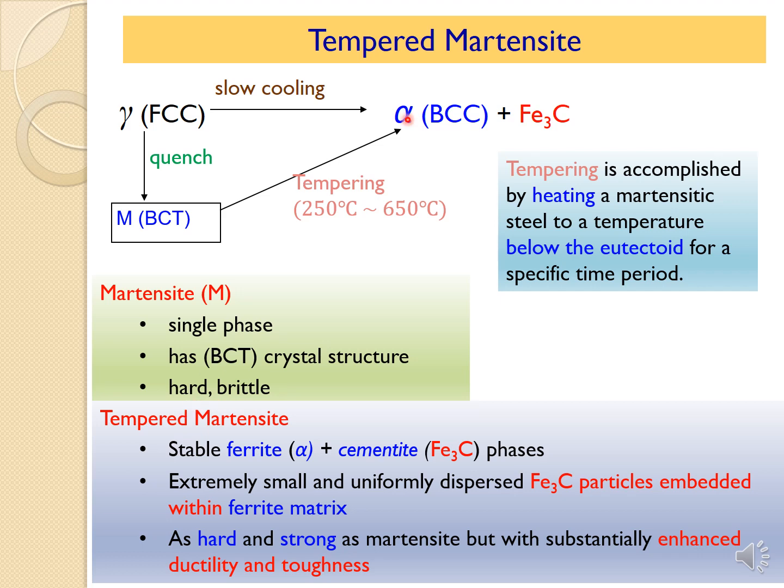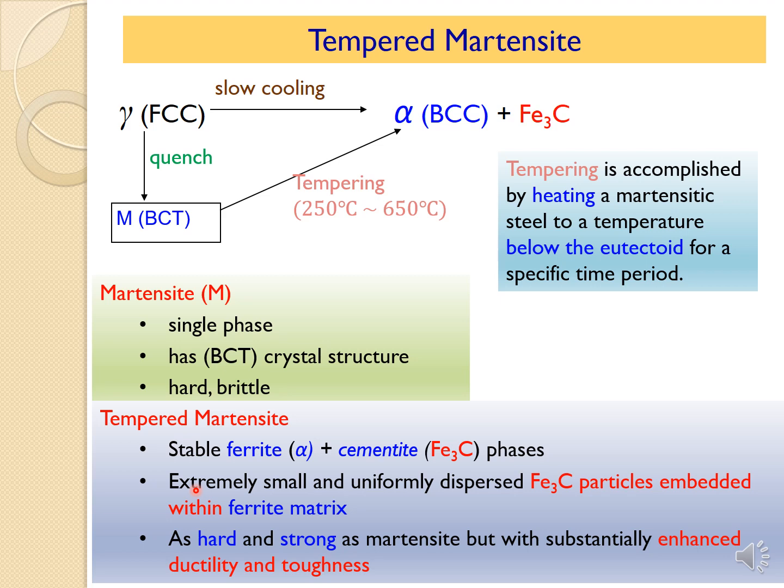So the tempered martensite, again, from this reaction, we can see it has stable ferrite, which is the alpha iron, and cementite phases, two phases instead of one phase.